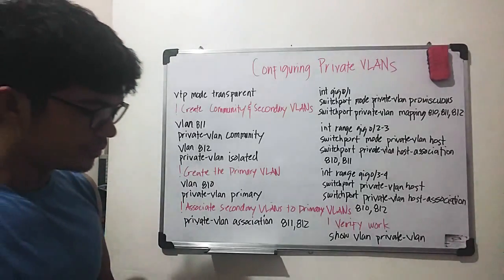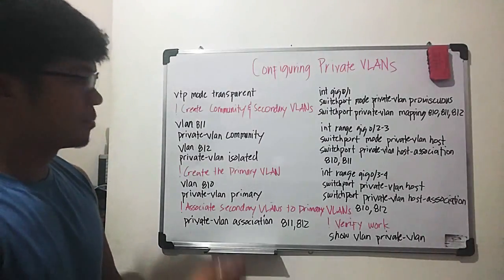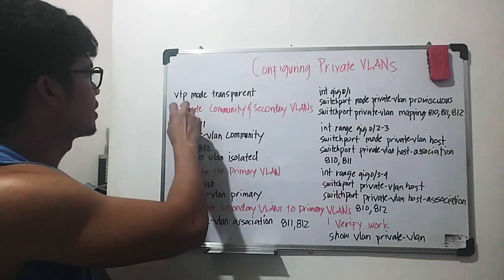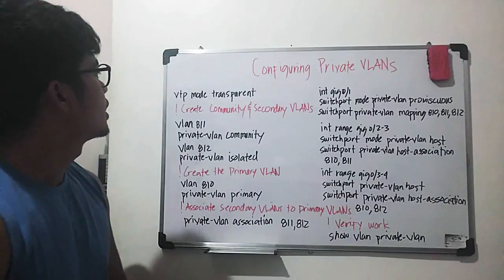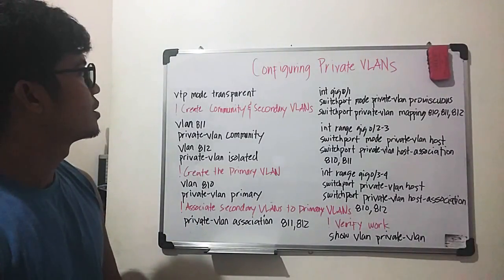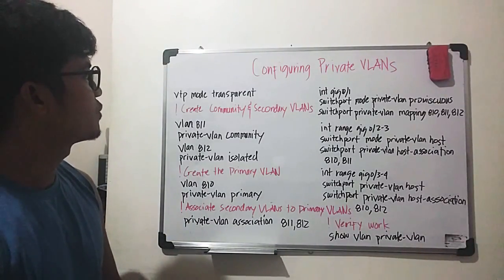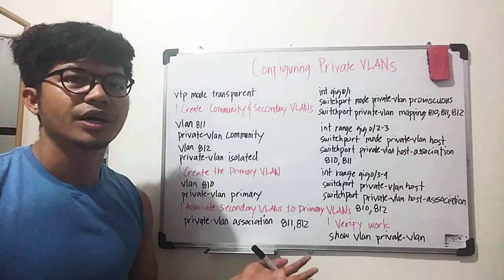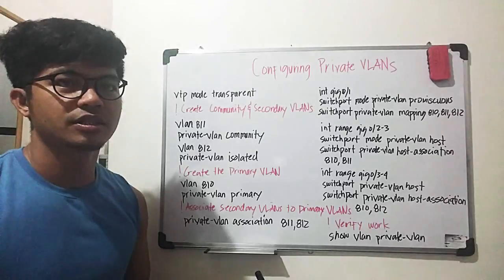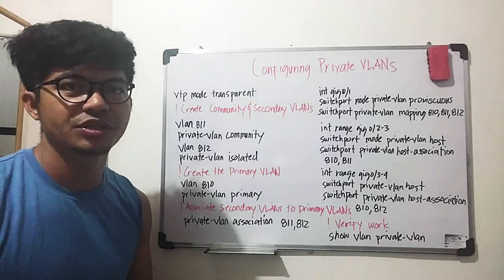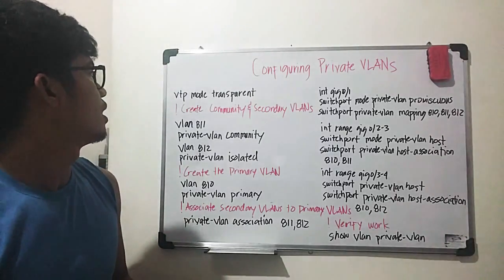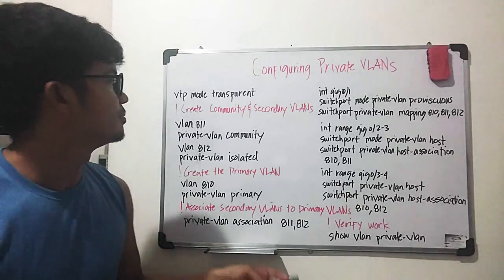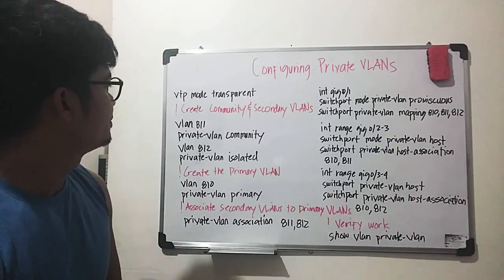You can do it by typing this command, vtp mode transparent, and if you want to verify it, you can say show vtp status just to verify that the switch is in transparent mode.